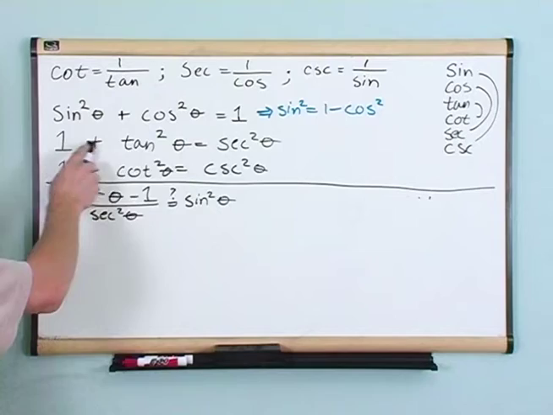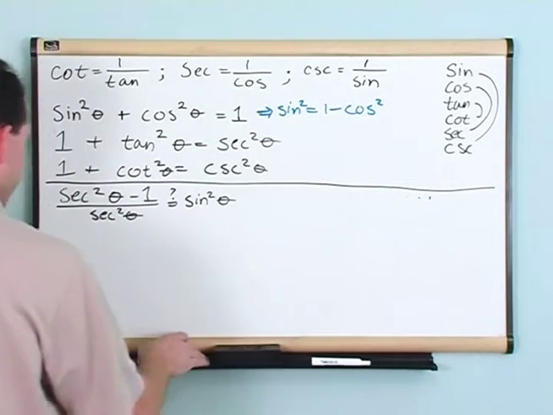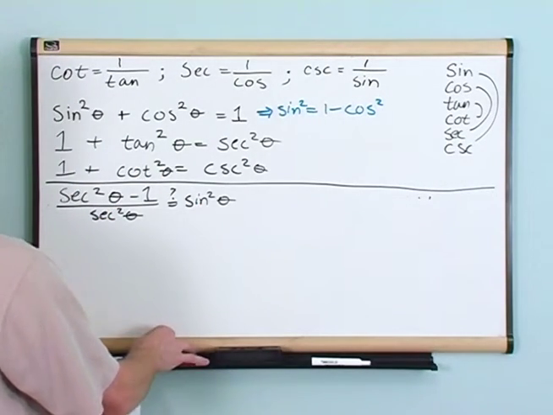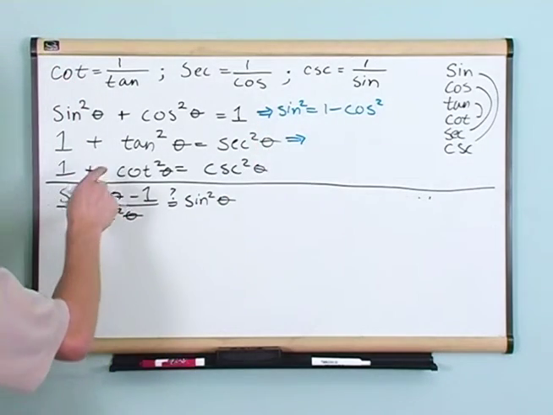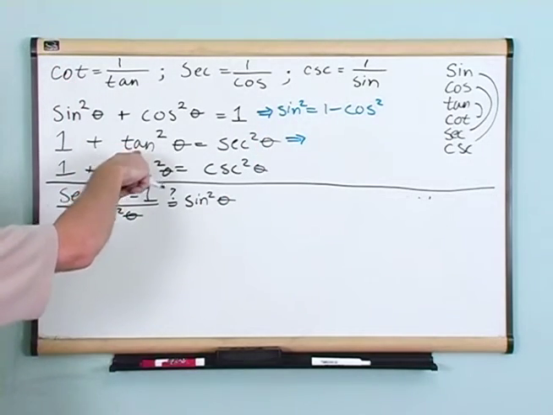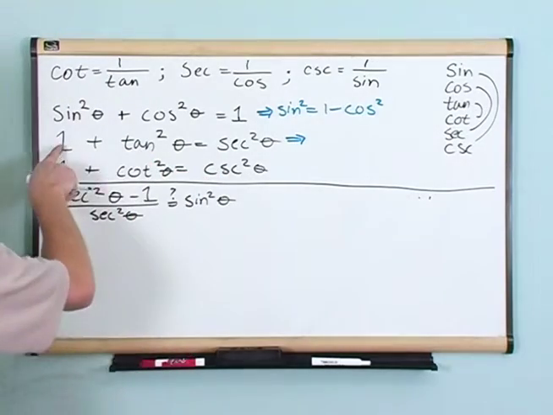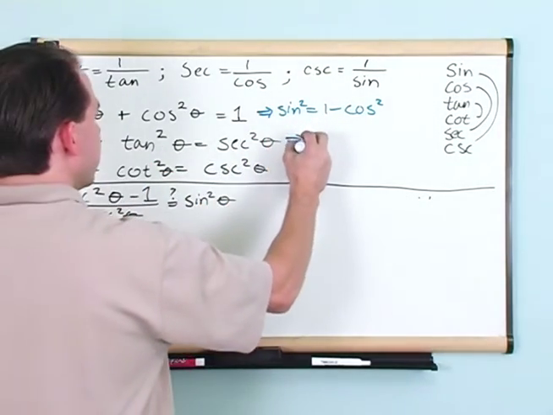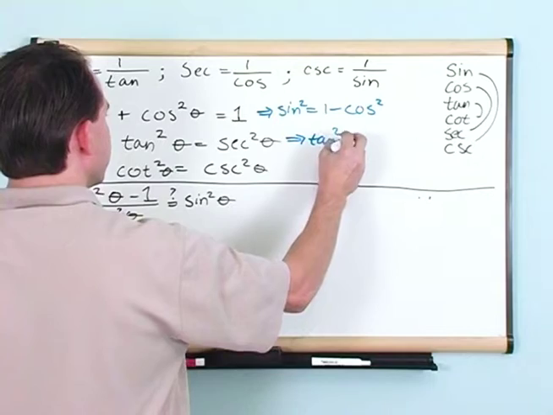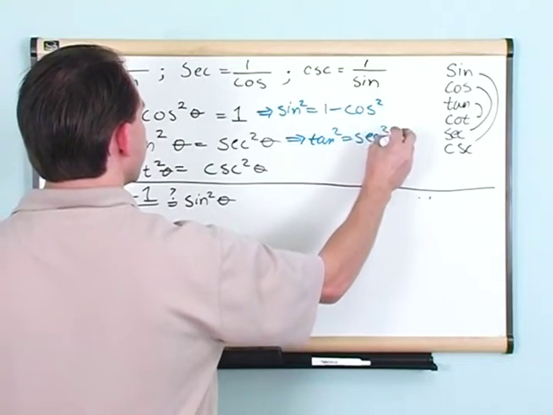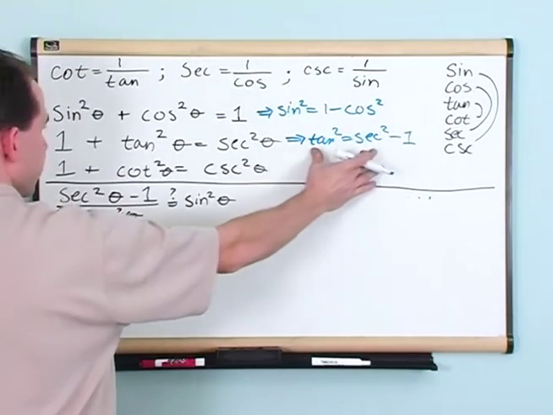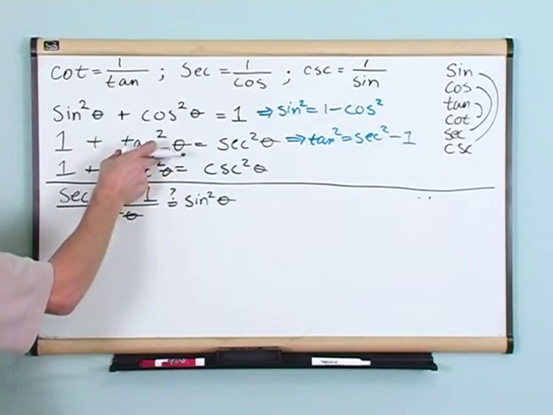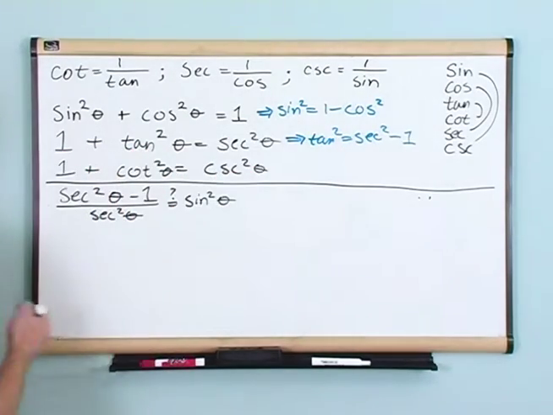This starts to look a whole lot like this, because if you look over here, I think you'll be able to convince yourself that if I solve this equation for tangent squared, I'll just subtract this 1 from both sides. Tangent squared is equal to secant squared minus 1. And I'm just getting this from this identity here. This is nothing new. Solve for tangent squared, subtract 1 from both sides.